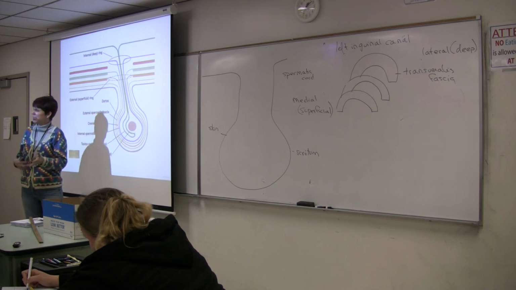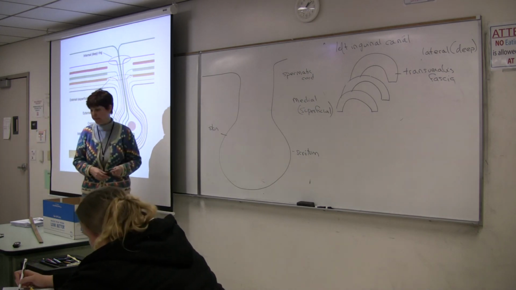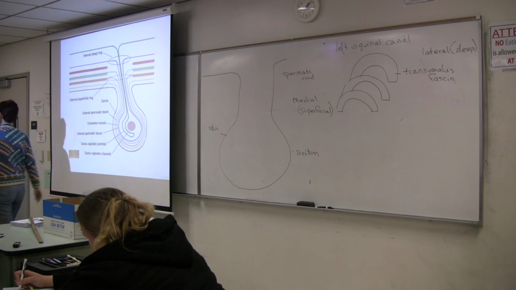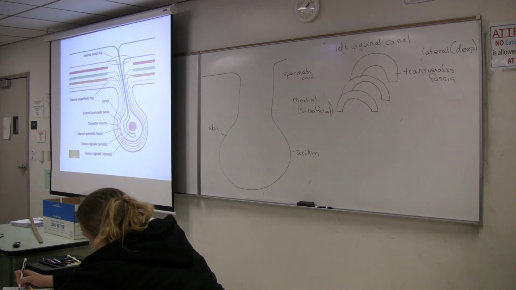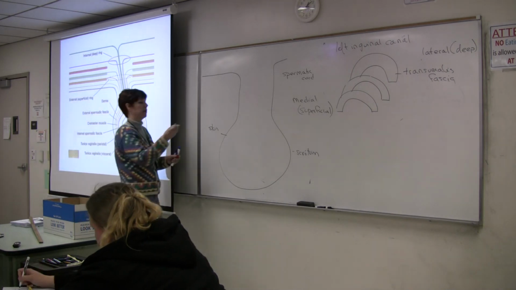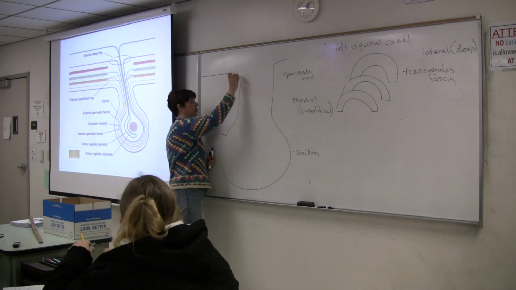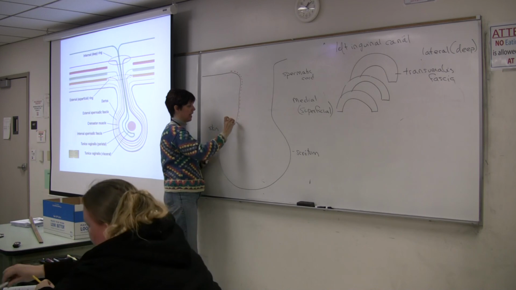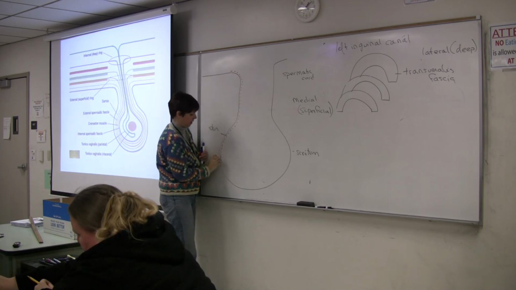Because it's smooth muscle, it's controlled by the autonomic nervous system, and it will respond to innervation as a reflex in response to temperature, and will contract and wrinkle the skin of the scrotum.